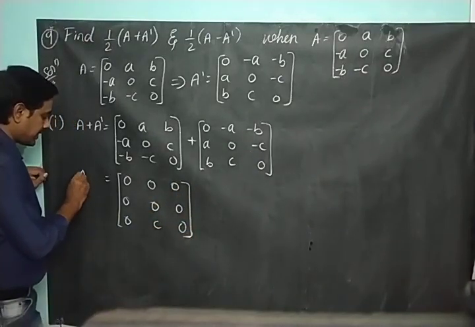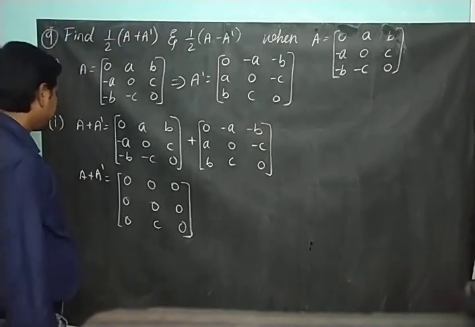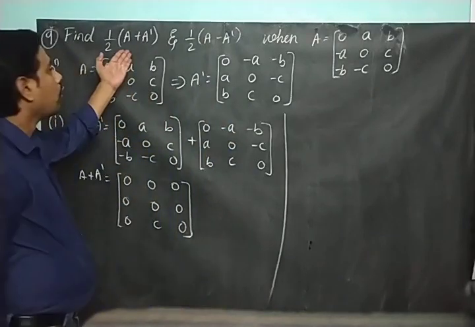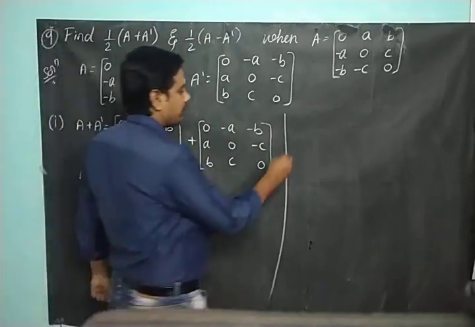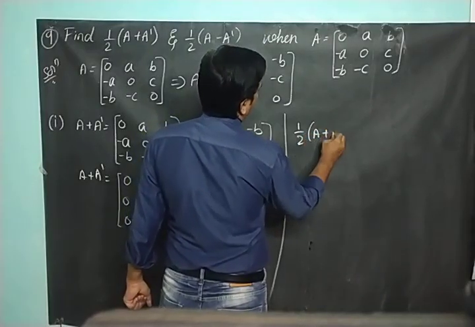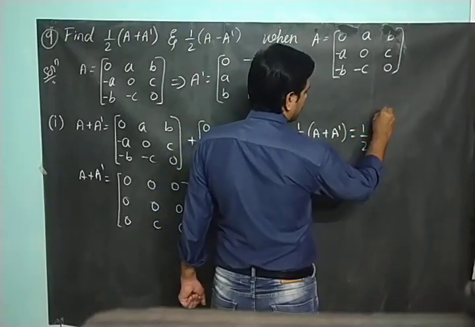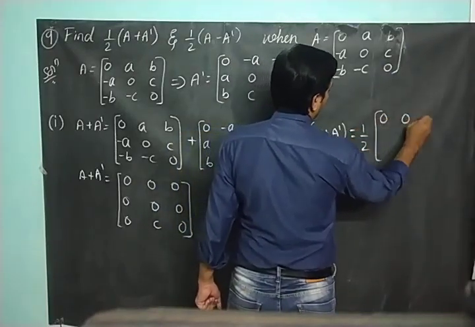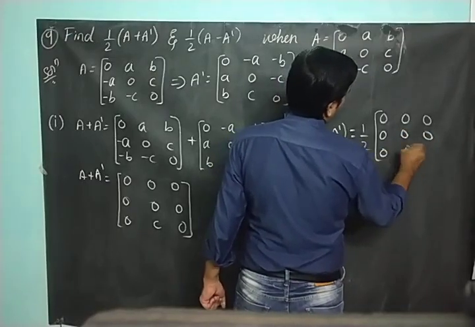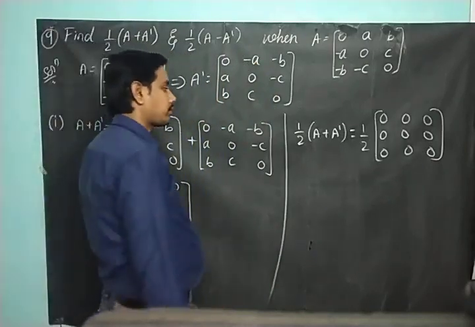This is A plus A dash. Right? Now what we want here is half of A plus A dash. What is there inside? 0 0 0 0 0 0 0 0 0. This is what we have inside, right?